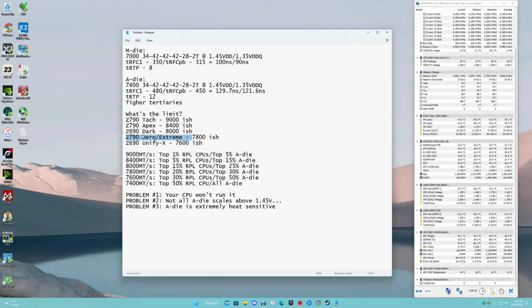Now, the Hero isn't as easy to tune on as the Apex, maybe even the Dark. But it still means to get 7800 on the Hero, or 7800 or 8000 on the Dark, or this on the Apex, you're going to have to sample like 20 good CPUs.